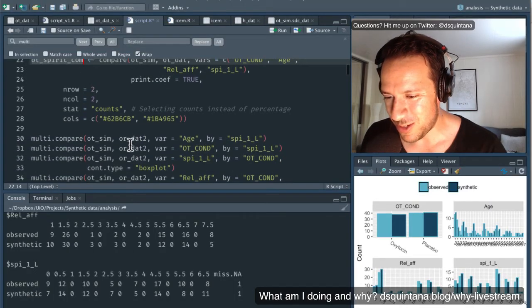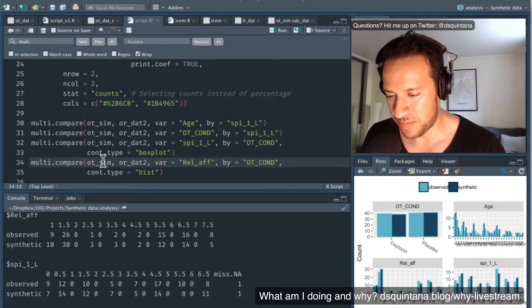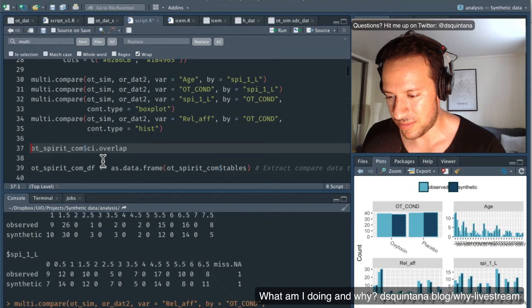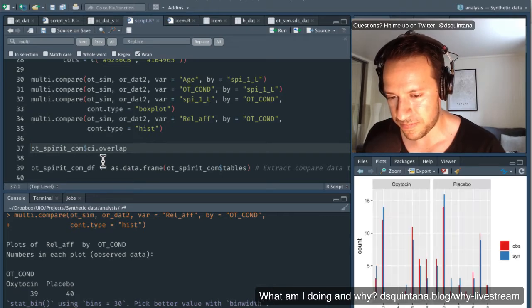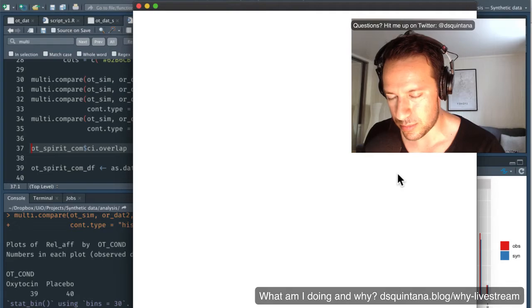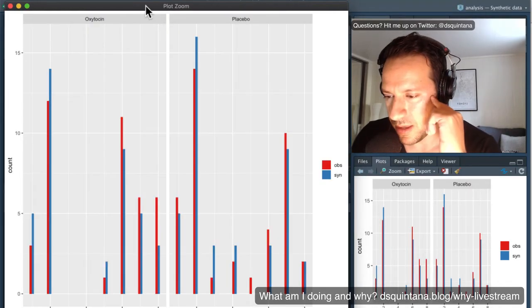Let's have a look. We'll run this last one. You can adjust the bin width, that might come in handy. When you split, this is looking at the measure of religious affiliation.